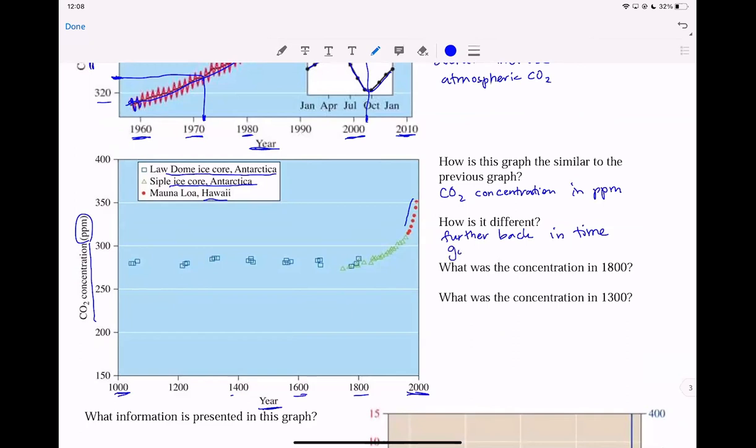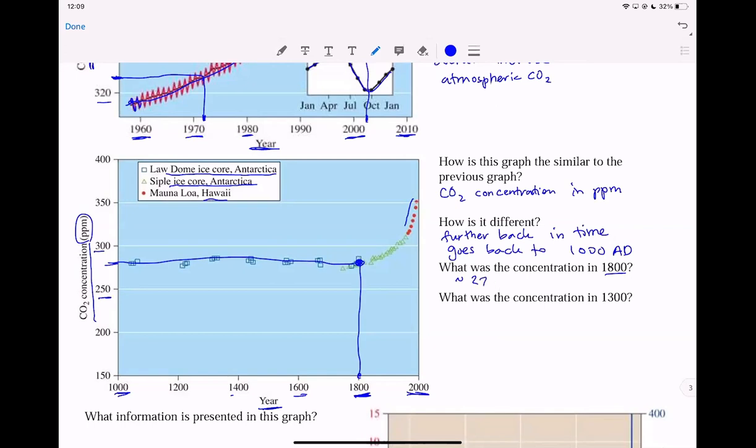So this goes back to 1000 AD compared to where we are now, which is 2021. Okay. So what was the concentration back in 1800? So 1800 here on the year, the x-axis, this is about between 250 and 300.